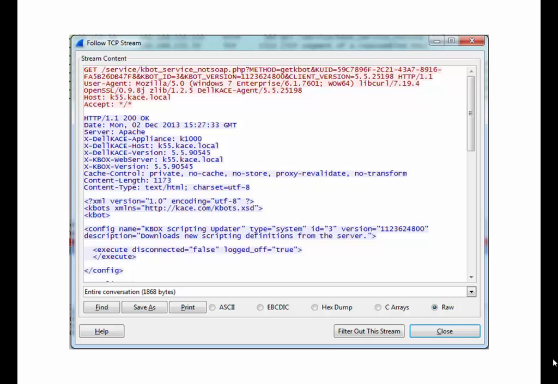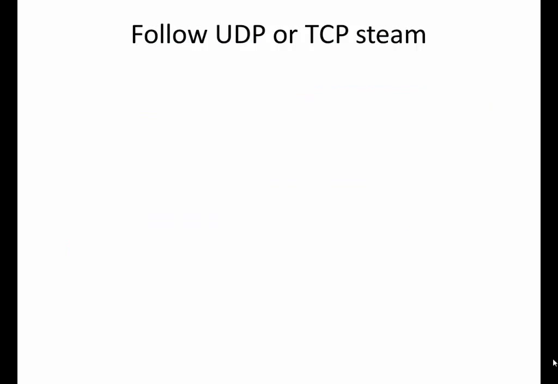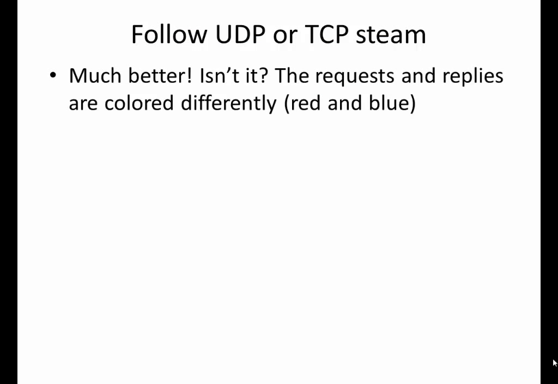And if you want, you have some options there to export this to a text file, or export only these packets in another capture file and work on them. You have various kinds of options in this GUI.